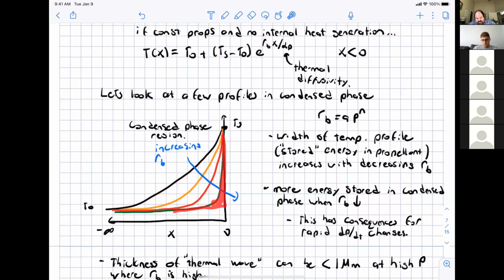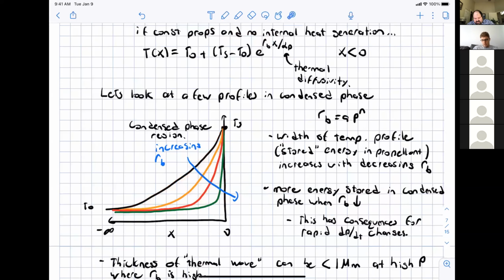So we've now stored less energy, but we've suddenly bumped up the pressure. The profile will meet this new equilibrium state, but in this region here, we have all this extra stored energy inside of our condensed phase propellant.